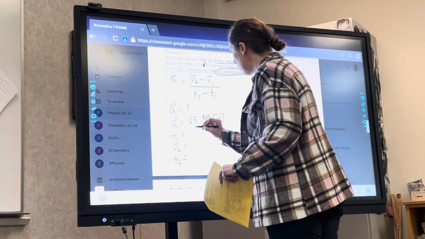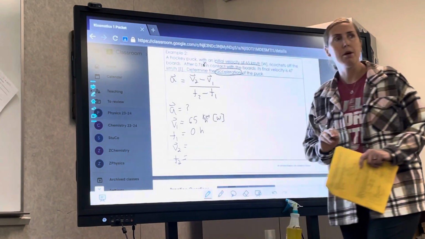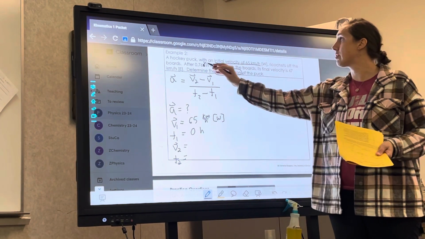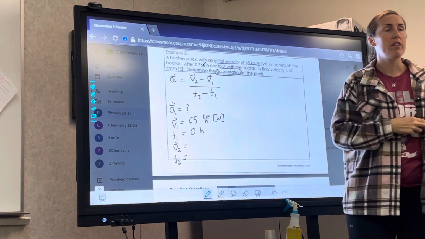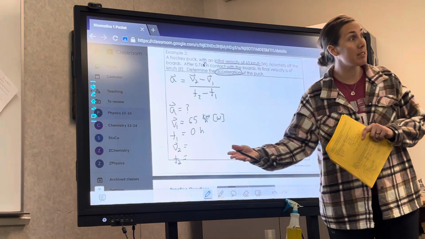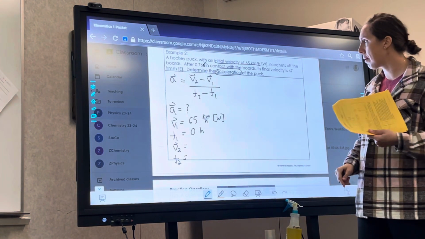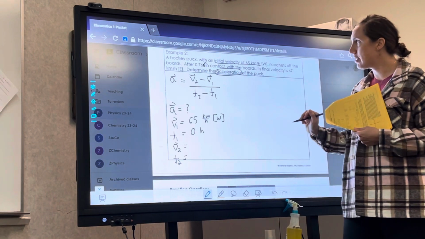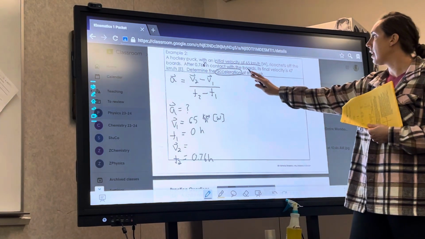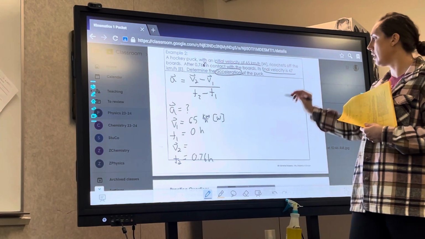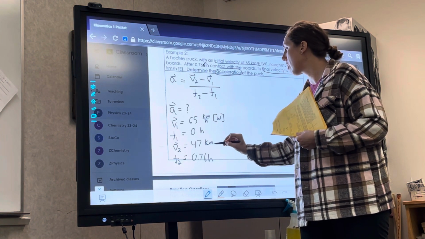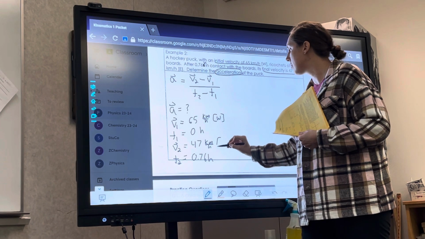So 0 hours is our initial time. If they say something like after 0.76 hours, they're assuming the initial time was 0. Good job, Ryan. So after 0.76 hours, we have 0.76 hours in contact with the boards, its final velocity is 47 kilometers per hour east.